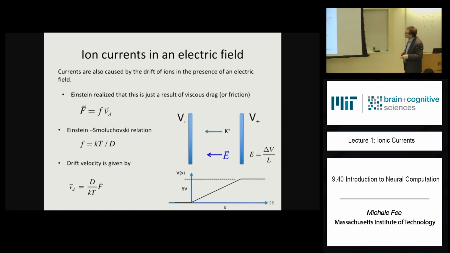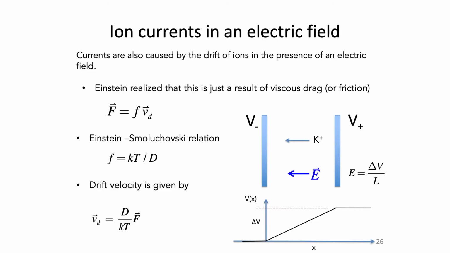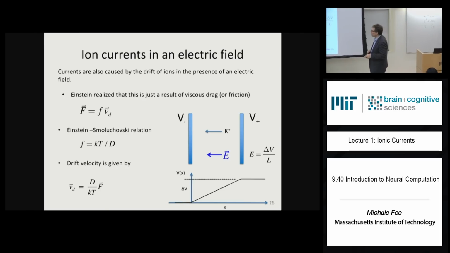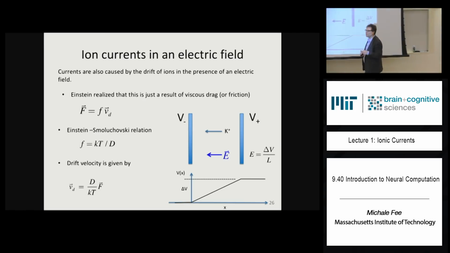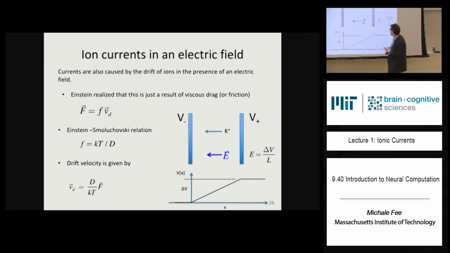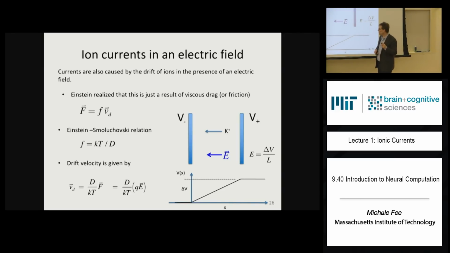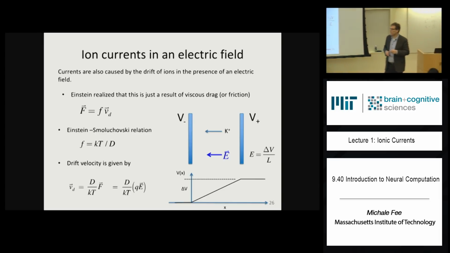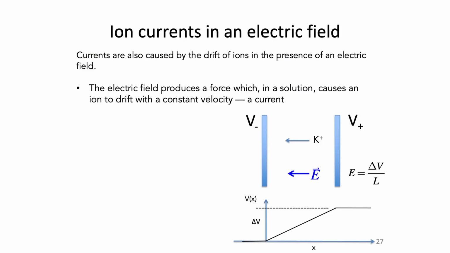Okay, so the drift velocity is proportional to the force by this proportionality constant, 1 over the coefficient of friction, which is now D over kT. And what is this force proportional to? Anybody remember? The force was proportional to the electric field, right? And so let's calculate the current.